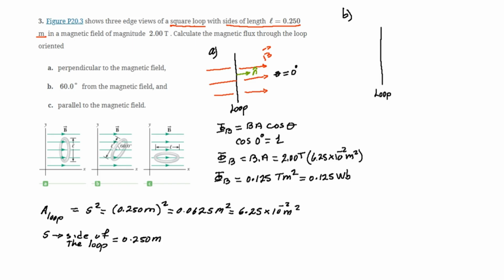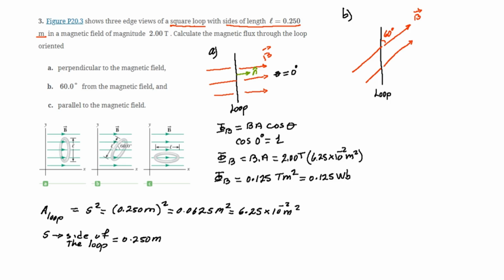So calculate the magnetic flux through the loop, where the loop is oriented 60 degrees from the magnetic field. So the angle between the loop and the magnetic field is 60 degrees. And there is where we can be easily confused, because this is 60 degrees, the angle between the magnetic field and the loop, and the area of the loop.